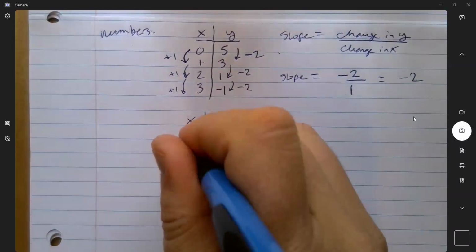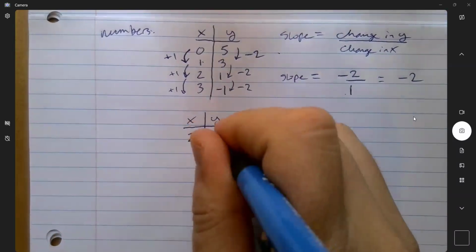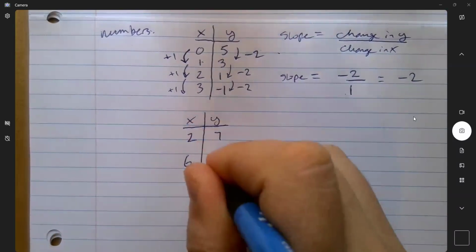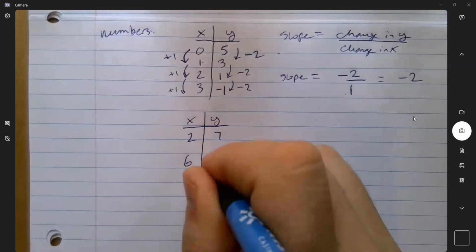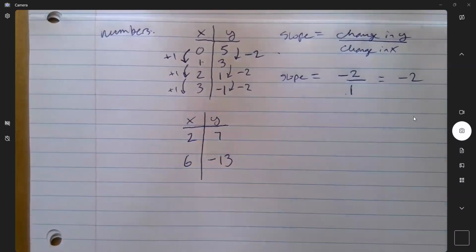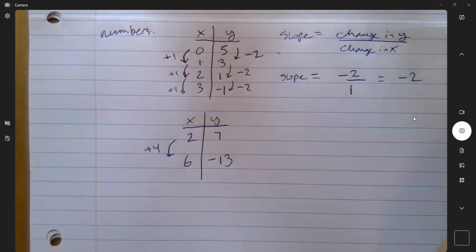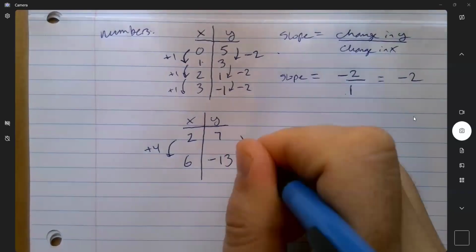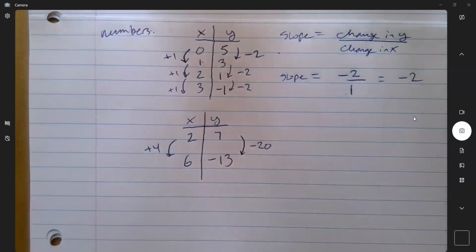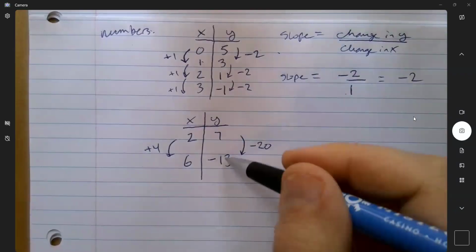Now you could have a table where your change in X is not just 1. This change in X is actually going up 4, and this change in Y is actually going down 20. How do I know it's 20?